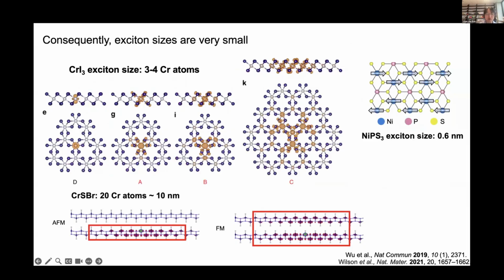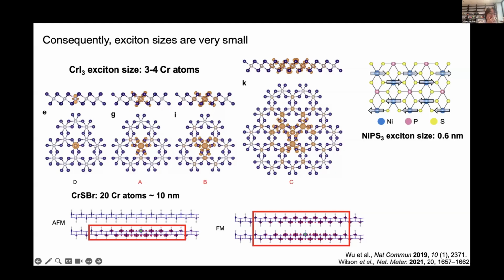Then Ting also calculated the real-space size of the excitons for chromium triiodide, estimated from experimental work, and you would see that their exciton size is much smaller, about 100 times smaller than chromium sulfur bromide.